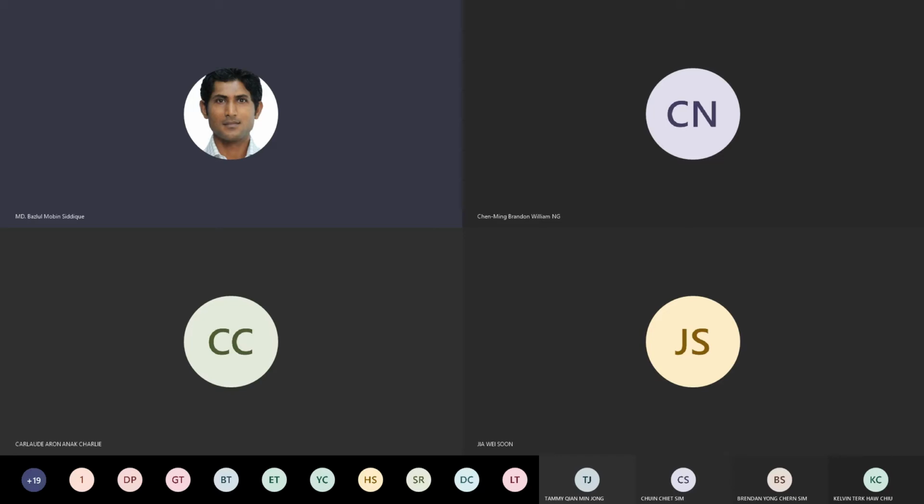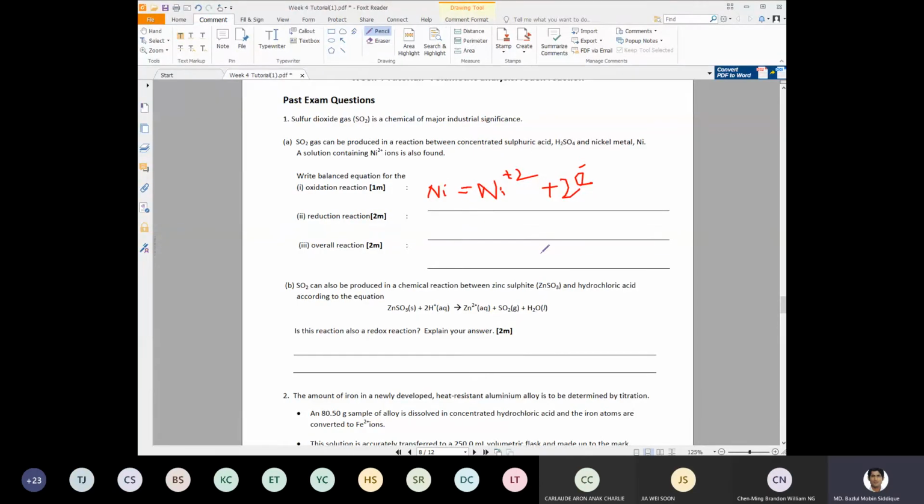All right. Here nickel is producing 2 electrons, and that is why oxidation is happening, because its oxidation state is increasing, from 0 to the positive side.